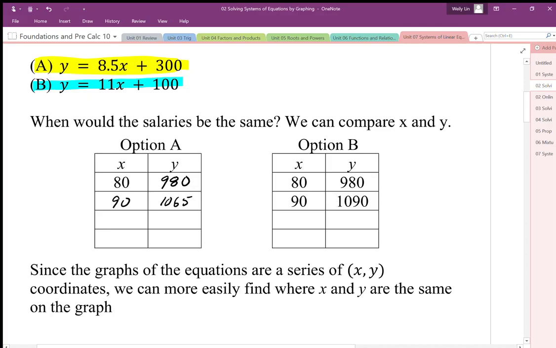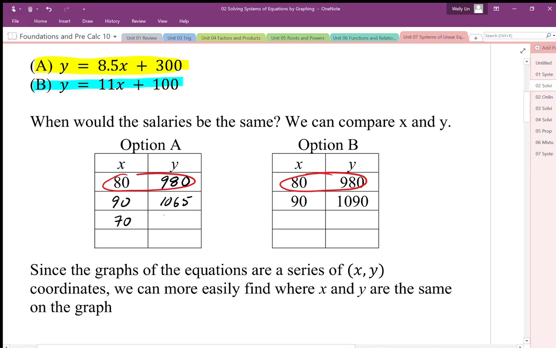So it looks like the options are the same at 80 hours. If I'm going to work more than 80 hours, I probably want to choose the higher rate, option B. And if I'm going to work less than 80 hours, I want to choose option A, which starts with a greater amount. To finish off my calculations, we should compare for 70 hours.